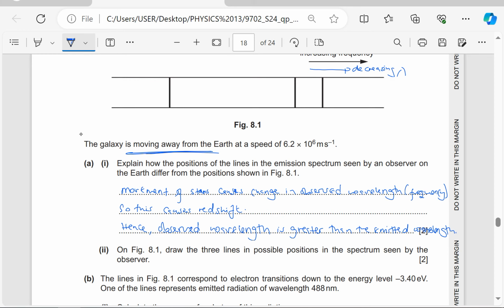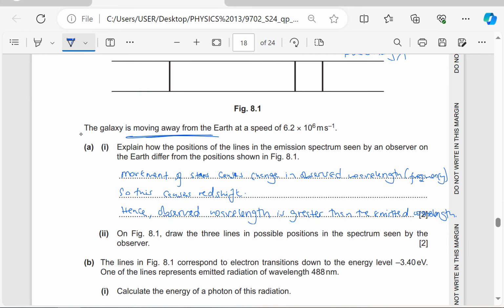So the observed wavelength is going to be greater than the emitted wavelength, or in terms of frequency, the observed frequency is lower than the emitted frequency.